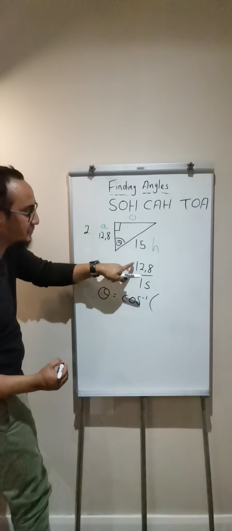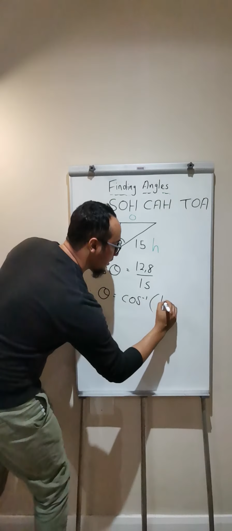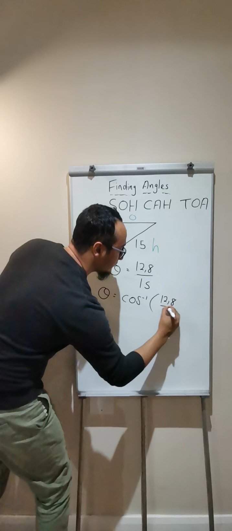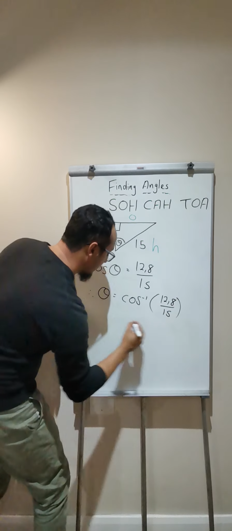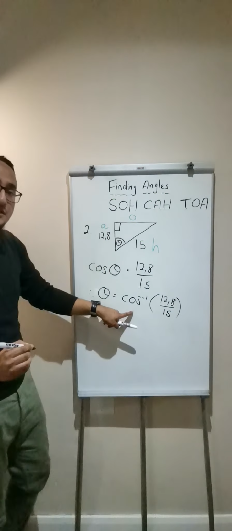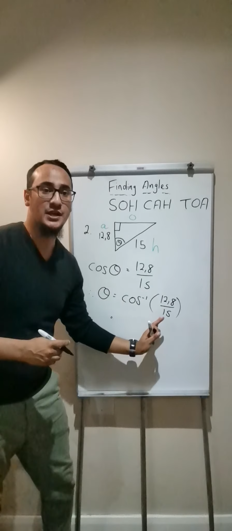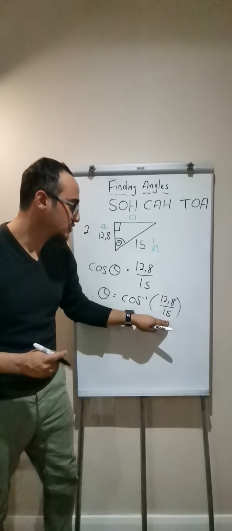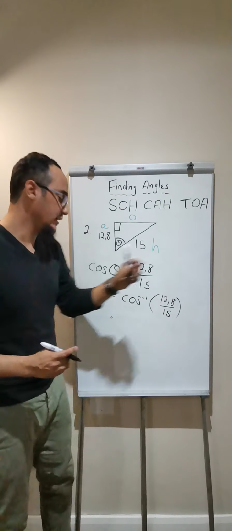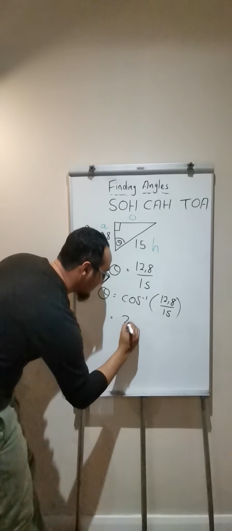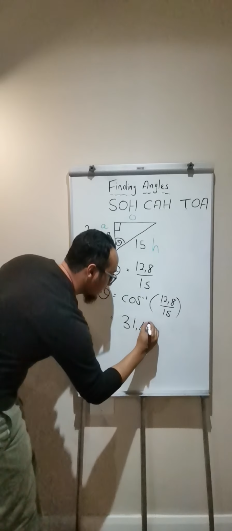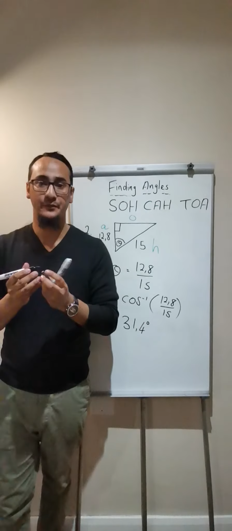And what are those dimensions? It's 12.8 divided by 15. If I type the second function of cos into my calculator, the bracket pops up. Then I write in my dimensions, close my bracket, press equals, and the answer is 31.4 degrees.